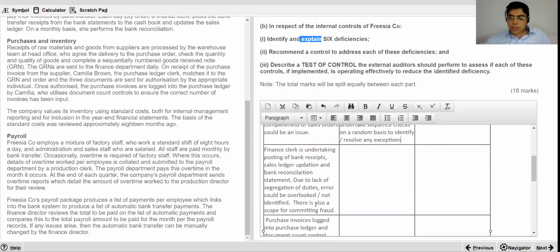Then the other problem was segregation of duties. So the simple thing is, what control would you recommend? Segregation of duties between posting of bank receipts, sales ledger updating, and bank reconciliation.